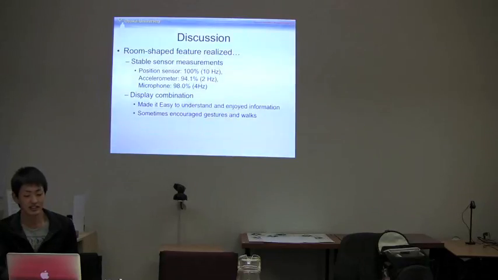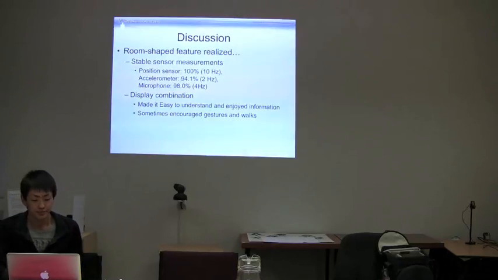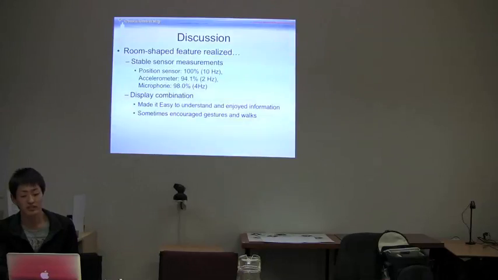Sometimes they did gestures and walked around the room to share the information. These observations suggest that a room-shaped system worked well even where participants' position and direction changed dynamically in the conversation space.